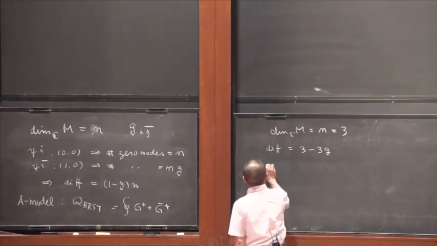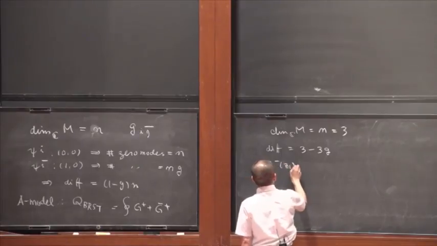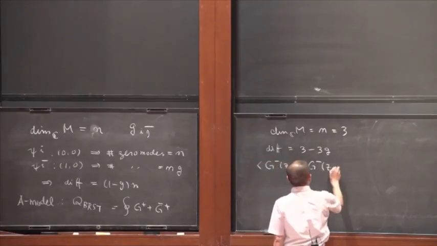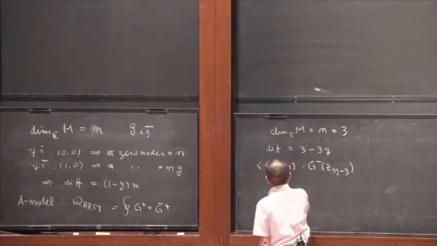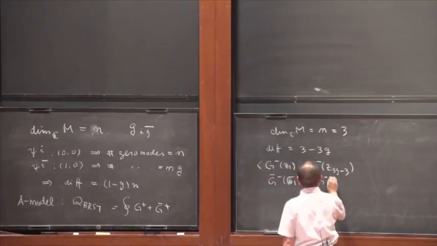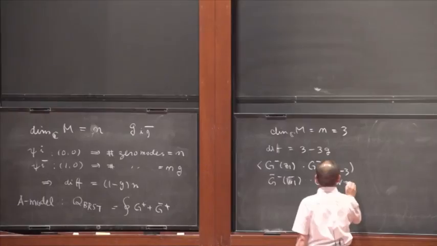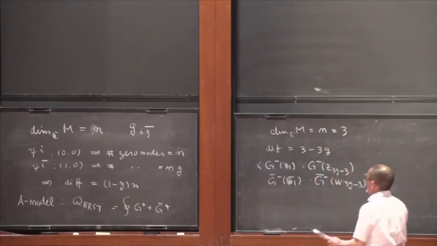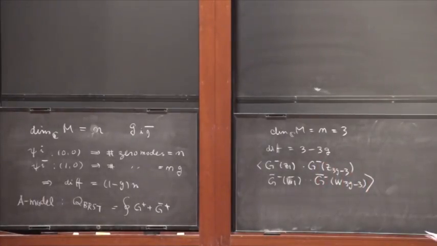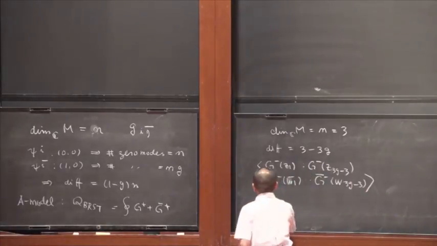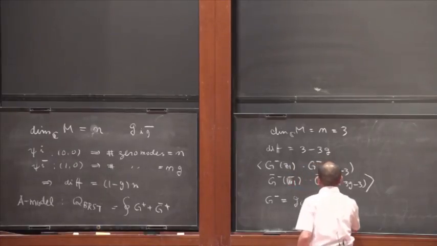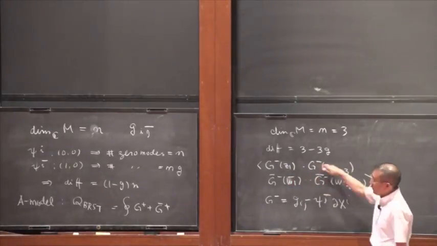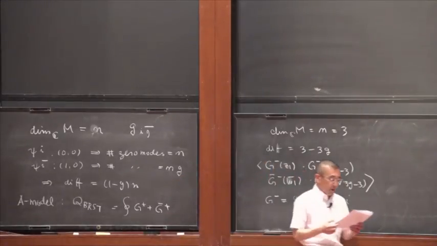So because of this, you can insert 3G minus 3 of these supercharges for the left mover, and the same amount for the right mover. And this turned out to be non-zero because this exactly soaks up the zero mode. For example, I remind you, G minus is Gij bar, psi j bar, del of xi. So this soaks up exactly the right number of zero mode.